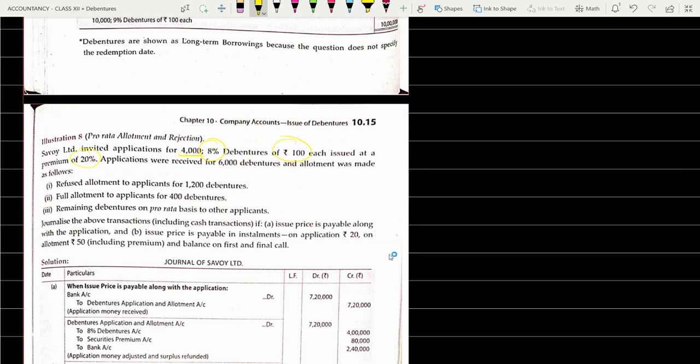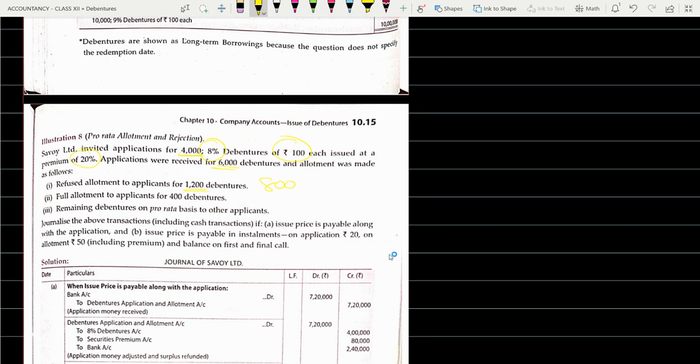Applications were received for 6,000 debentures, so 2,000 debentures are in excess. Allotment was made as follows. Number one, refused allotment to the applicants of 1,200 debentures. So out of 2,000 excess, they are refusing 1,200. How much will you still have in excess? You will have 800 debentures further.